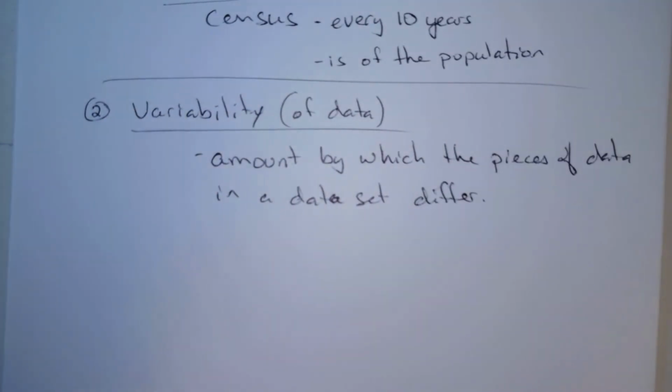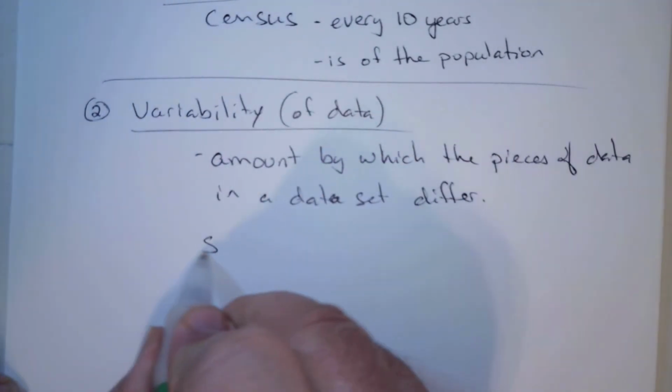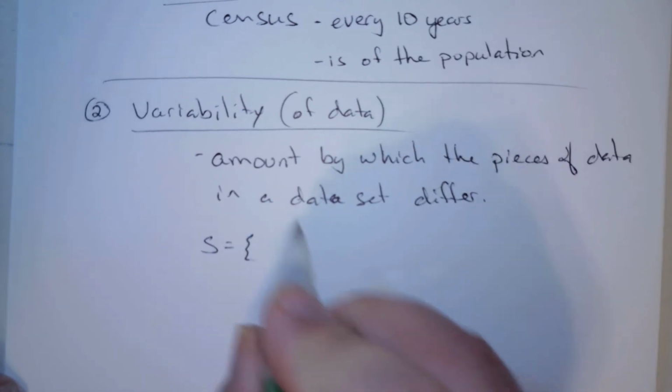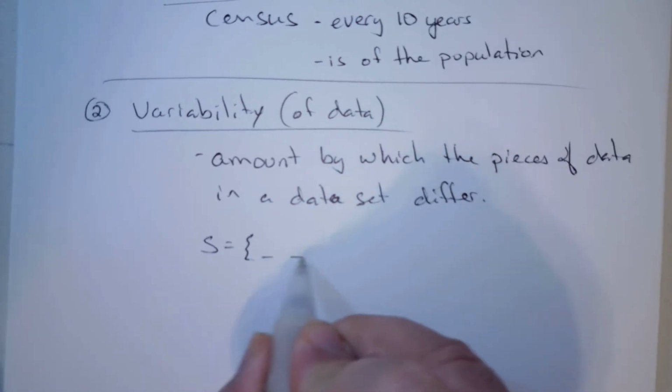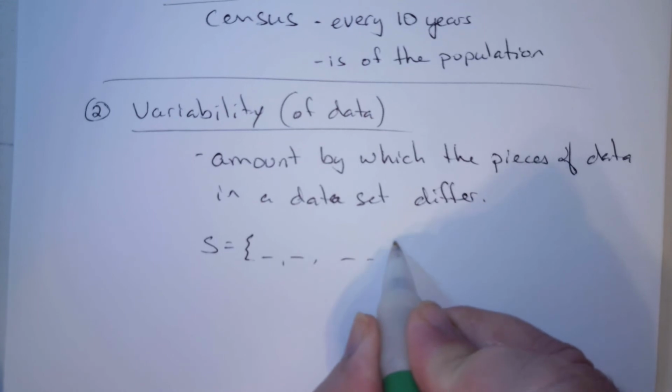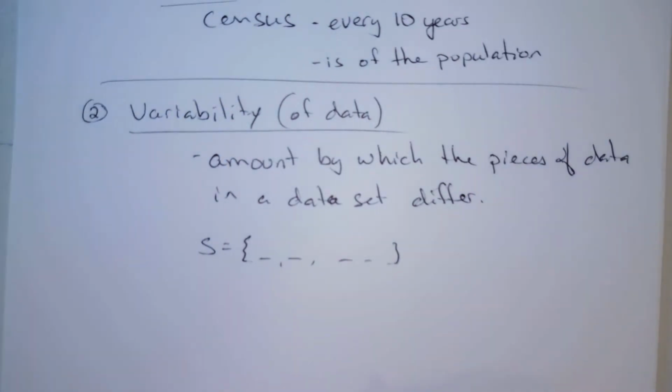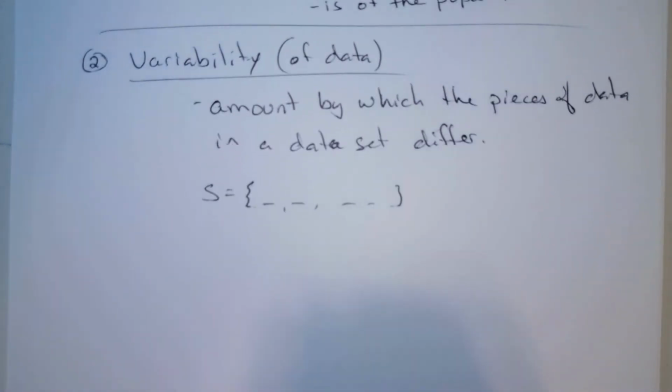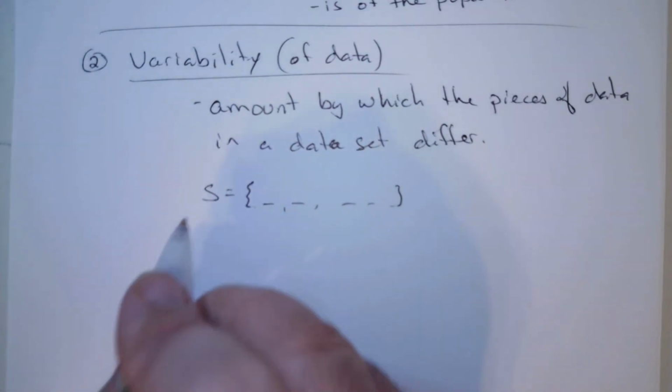That's variability. You have one data set, we call it the sample space, and we see how all the data inside here behaves, and if there's any changes in it. And we try to determine what causes that variability.